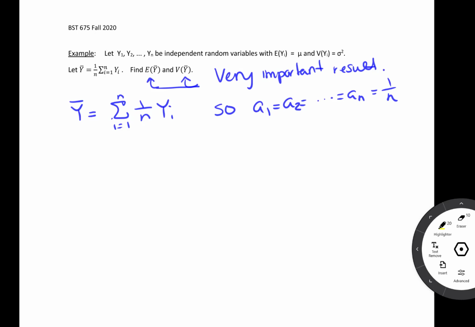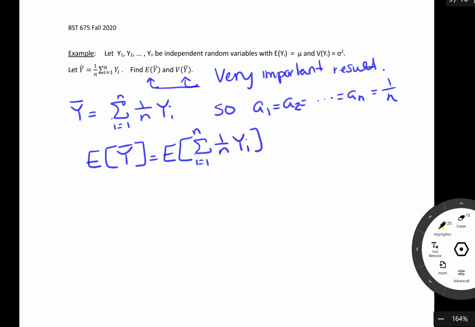So we can use part A of that theorem that we have up above, and we know that the expected value of y bar is equal to the expected value of the sum from i equals 1 to n of 1 over n yi. And since it's that linear combination, notice we can do the following. This is equal to the sum from i equals 1 to n of 1 over n times the expected value of yi.